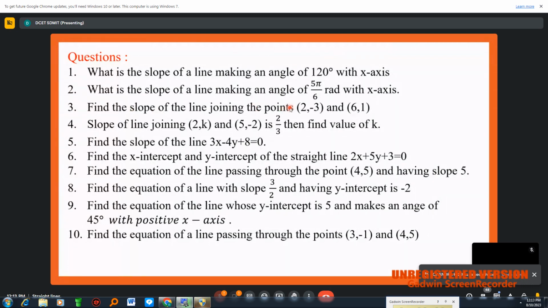For the third one, you should use the formula y2 minus y1 divided by x2 minus x1.